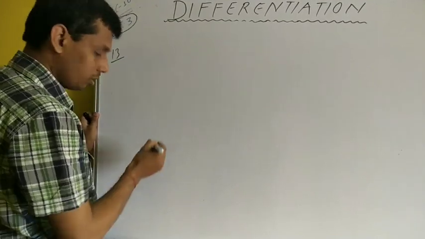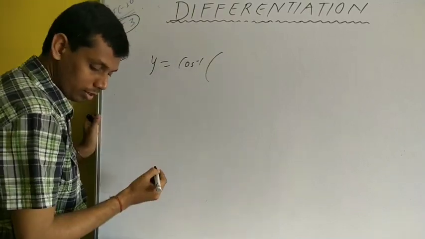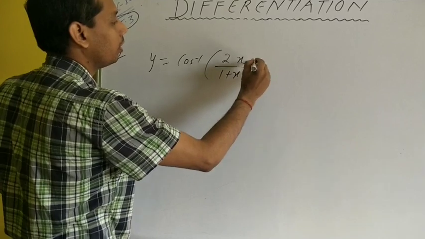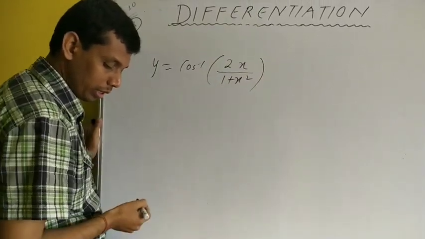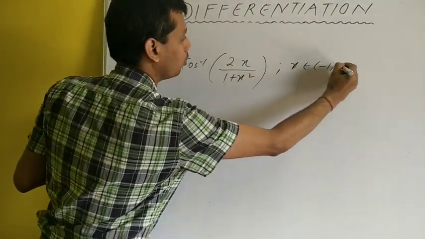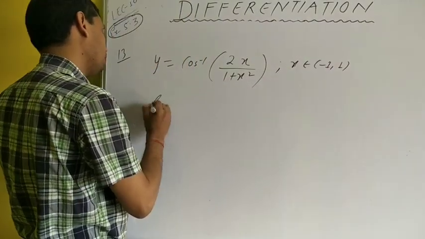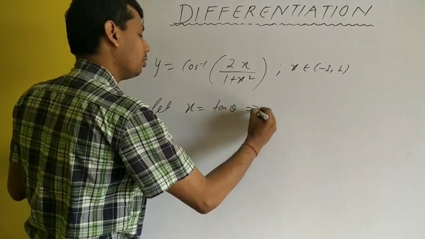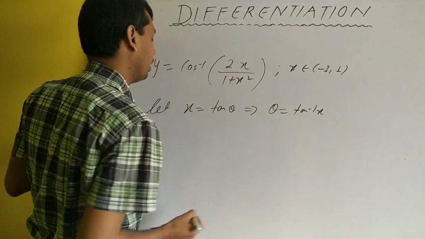In question number 13, y is equal to cos inverse of 2x upon (1 plus x square), where x belongs to the open interval minus 1 to plus 1. Now, let x equal tan theta. This implies that theta is equal to tan inverse x.